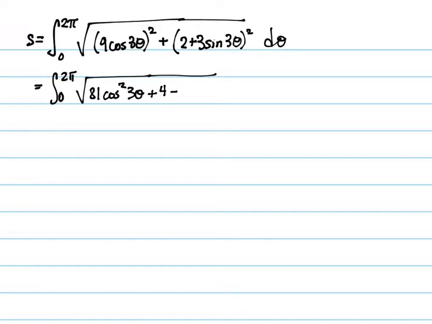So I'm going to end up with 4 plus, and then I'll double those, multiply the two together and double them. That would give me 12 sine of 3 theta, and then plus 9 sine squared of 3 theta, d theta.